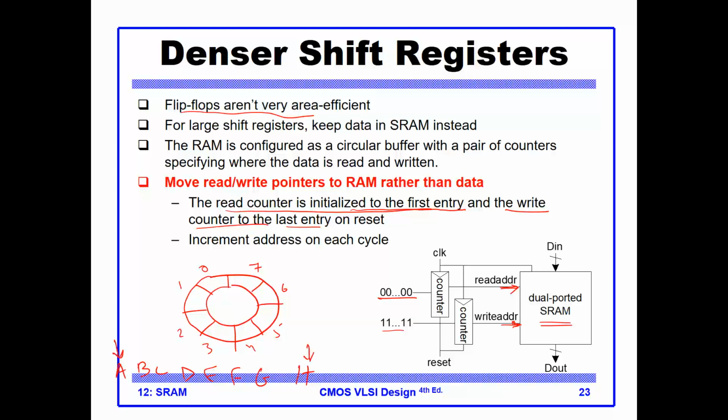So you will see that A is here, B is here, C, D, E, F, G, H, right? And then if we have another data that comes in, let's say I, this I is going to come and occupy right here, okay? And you will see that the H will pop out.